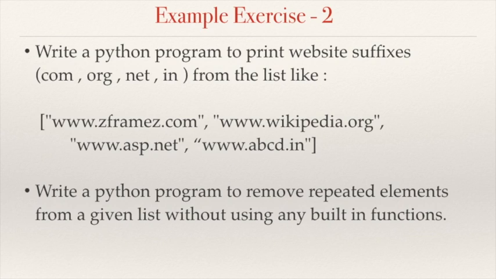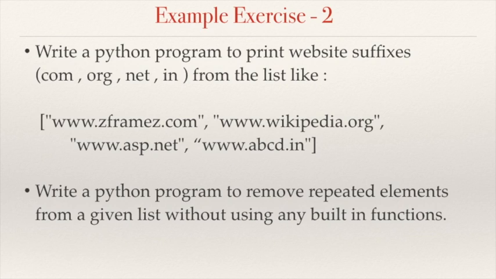So here is an example, exercise number 2, for you to do. I would like you to stop your video right here and try to solve these two problems given on your screen. The first problem is a Python program to print website suffixes, to take out the suffixes from the website names and collect them in the form of a tuple.